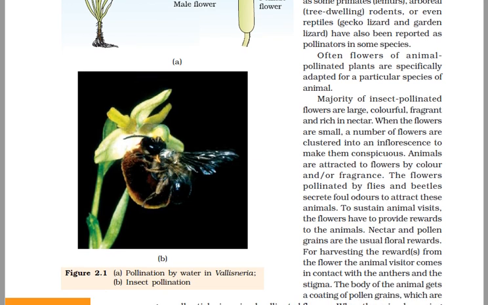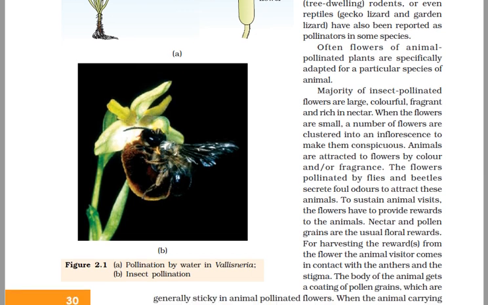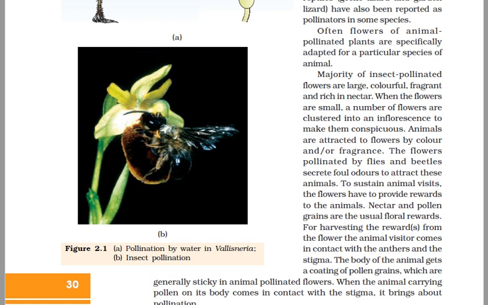In this orchid flower, one of the petals resembles a bumblebee. So the male bumblebee thinks that it is the female bumblebee, and this male bumblebee comes and sits on this petal. So this is showing you the pseudo copulation of the bee also, and in return the flower gets pollinated.